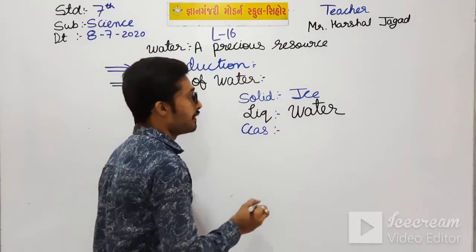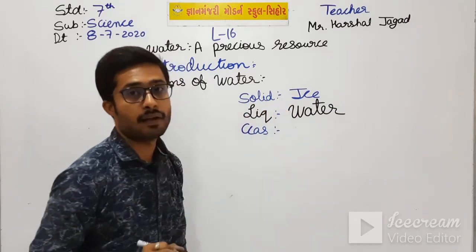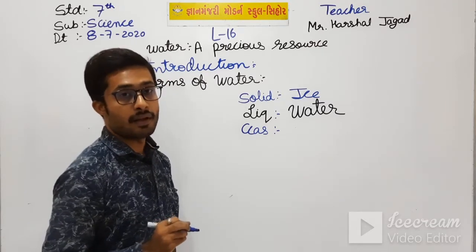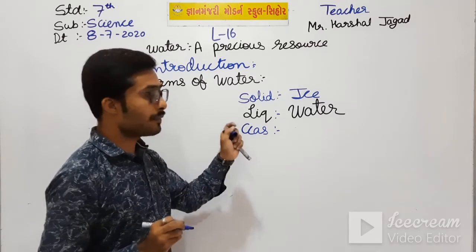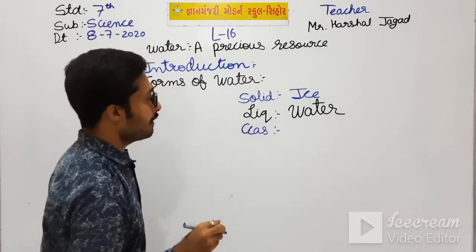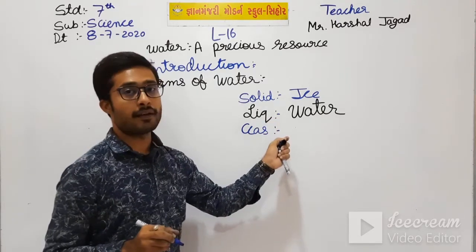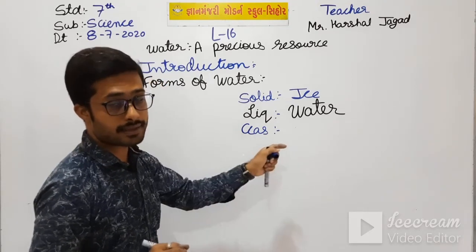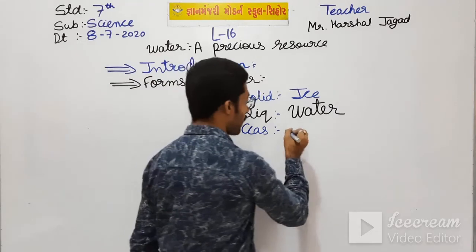Okay, when the water is heated at more than 100 degrees Celsius, the boiling point of water is 100 degrees Celsius, so the water is boiled and forms its gas state, and this gas state is known as water vapor.